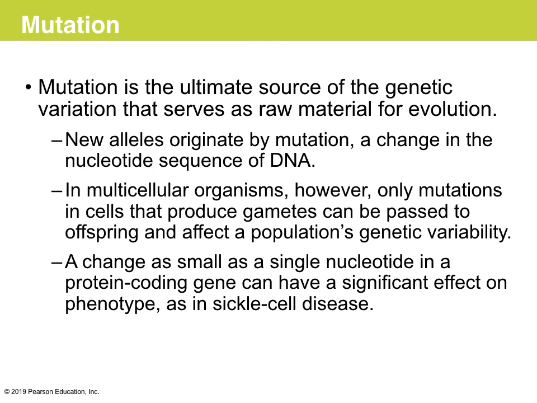So if you have a mutation in a skin cell, that's not going to get passed on to the offspring. So it's got to be mutations, in the case of our own species, in cells in the ovaries and testes. Only mutations in cells that make gametes can get passed on to offspring and therefore affect a population's genetic variability.